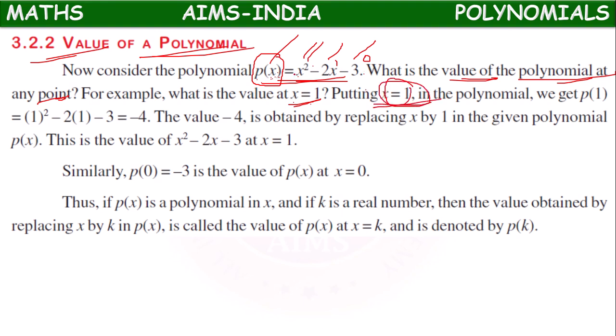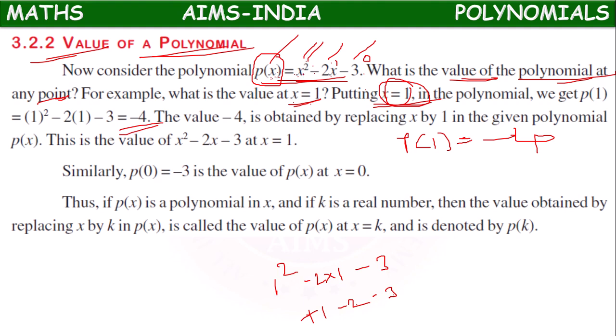Then it becomes 1 square minus 2 into 1 minus 3. 1 square means 1, 2 into 1 is 2, minus 3. 1 minus 2 is minus 1, minus 3 is minus 4. So at x equal to 1, the value of p of x is minus 4. So p of 1 equals minus 4. Like that we can represent it.